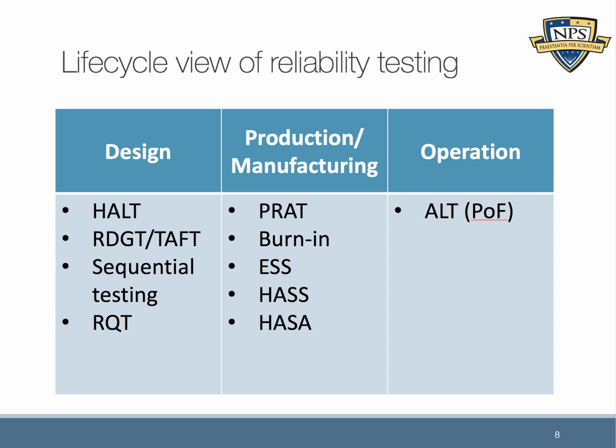It'll get tested, and then analytically we can determine how that test is set up based on some physics of failure type of calculations, which is essentially accelerated life testing. But predominantly your testing is going to be either in design or in production and manufacturing.